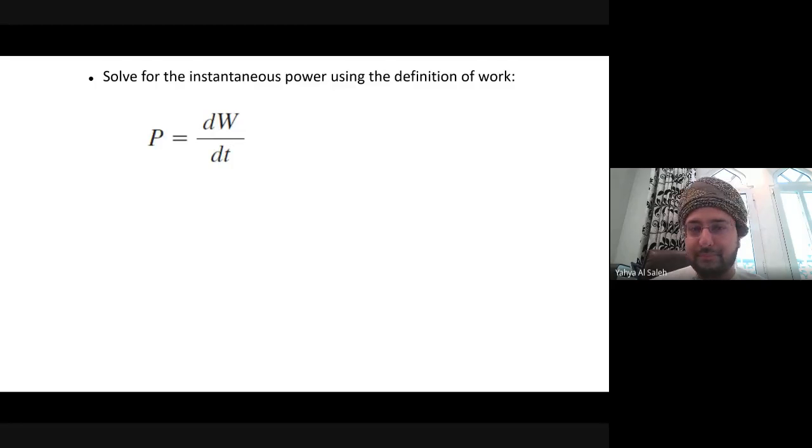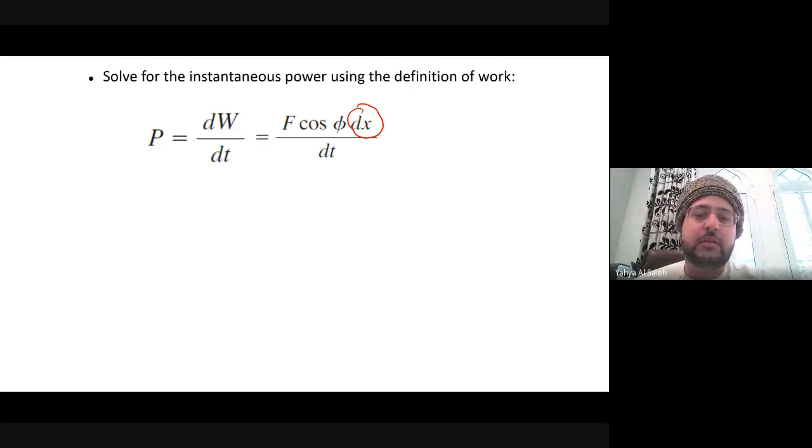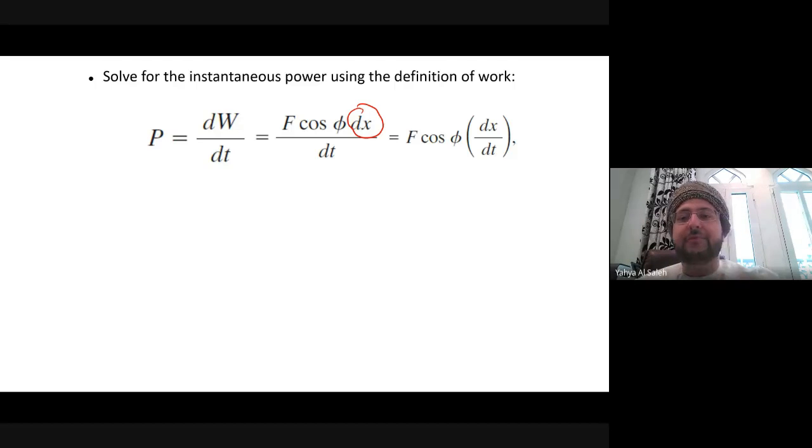Let's solve for instantaneous power using the definition of work, which is F dx cosine theta. So I'll just substitute. Now F cosine theta are just numbers, so I'm going to take them out, and I will have F cosine theta dx over dt.